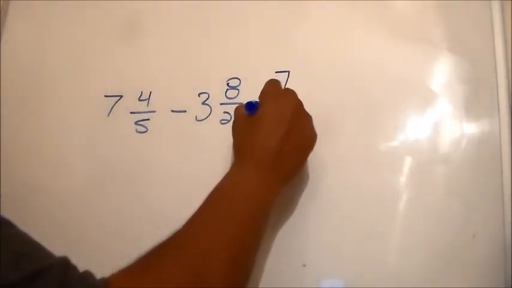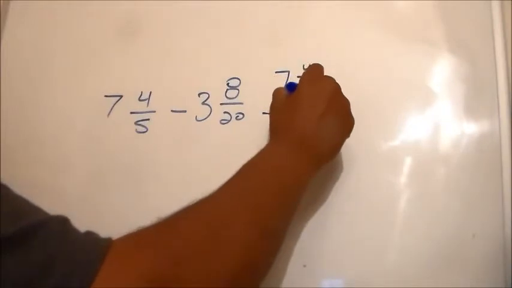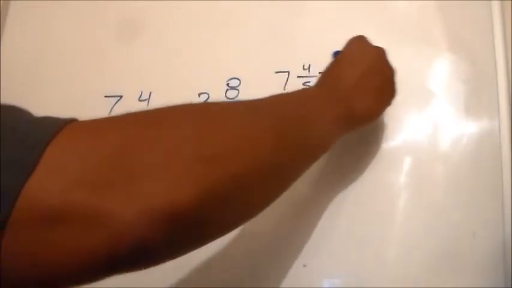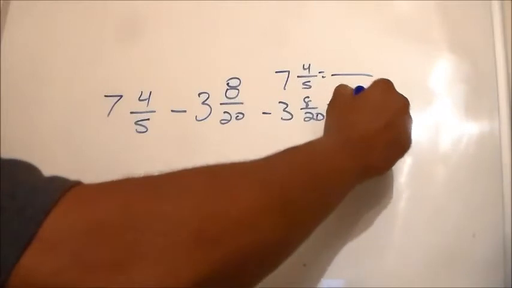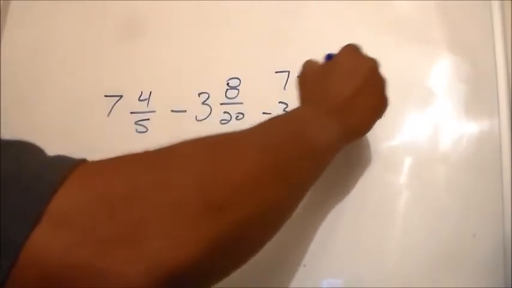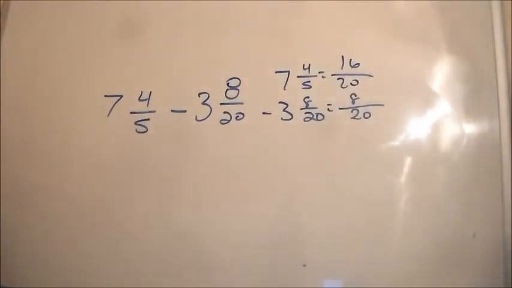7, 3, 4 over 5, 8 over 20. 5 is a factor of 20. So 20 is going to be the lowest common denominator. In order to get 4/5 turned into 20ths, multiply that by 4. So it'd be 16.